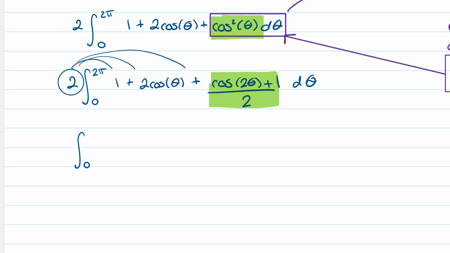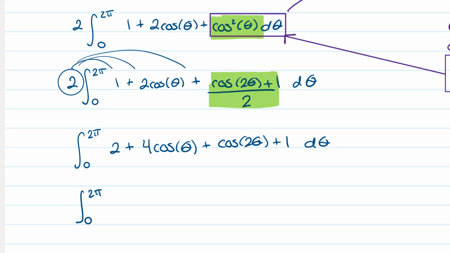So this becomes the integral from 0 to 2 pi of 2 plus 4 cosine theta plus cosine 2 theta plus 1. Then I combine like terms: 4 cosine theta plus cosine 2 theta plus 3.